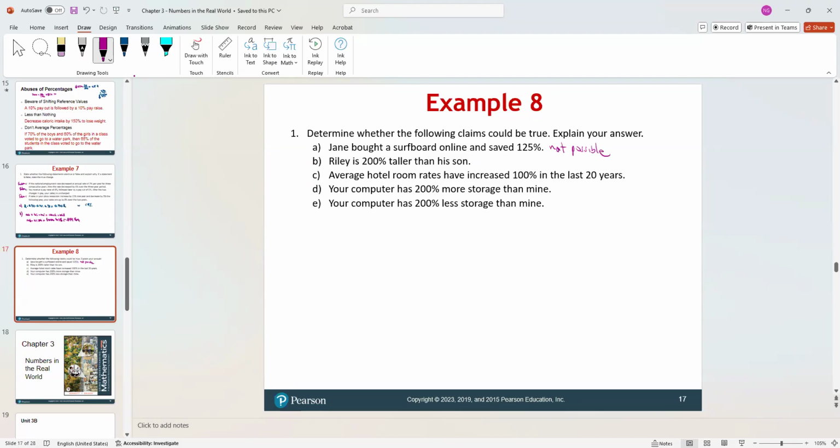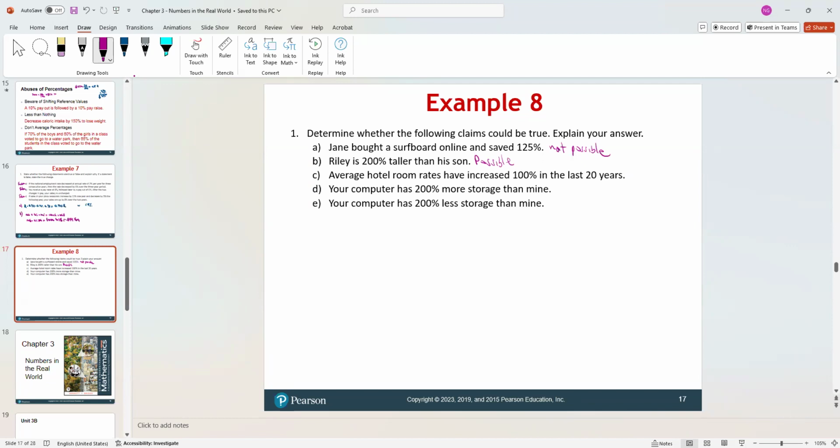Riley is 200% taller than his son, right? Is it realistic? What does that mean? Yeah, at some point that's possible. That means Riley is three times taller than his son. If the son is only 2 feet and you are 6 feet, yeah, that's possible, right?